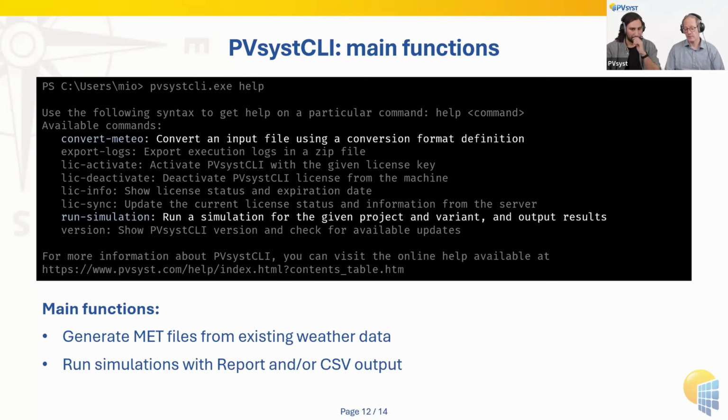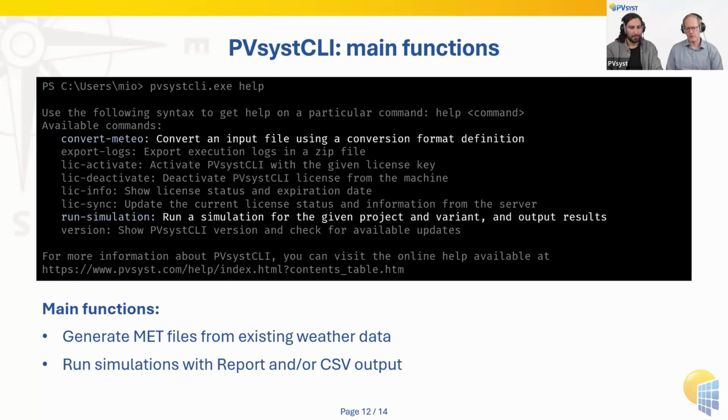So import data, convert it to the PVsyst internal format so that you can use it for a simulation. This right now has to be done manually or with PVsyst 7, or if you use the graphical user interface, you have to use the interface that does a custom format importing of weather data and which then generates the .met files. And this can now be done automatically with the PVsyst CLI.